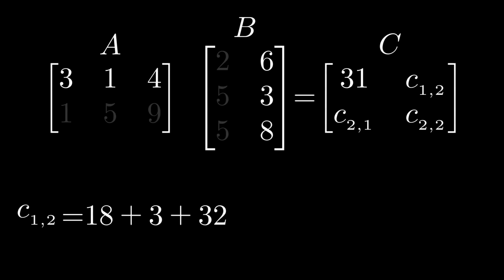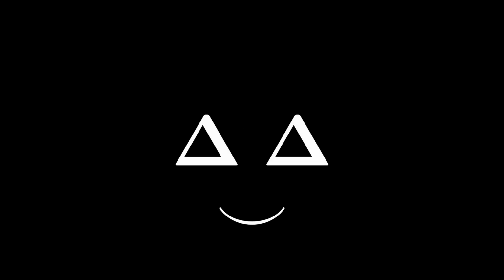Add them together, and we calculate the number at C12 is 53. We here at the Synthenomicon leave the bottom row as an exercise for the viewer.